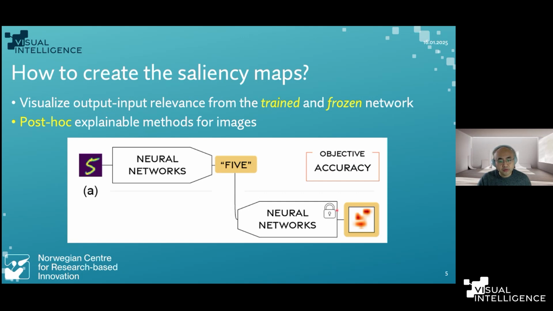And then what we do is freeze the network, so we don't change anything. And then we try to propagate a bit from the output to the input, to get those heat-map-like saliency maps saying that this is the most relevant region in the input with respect to the output.